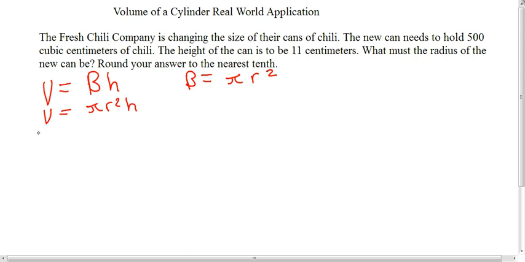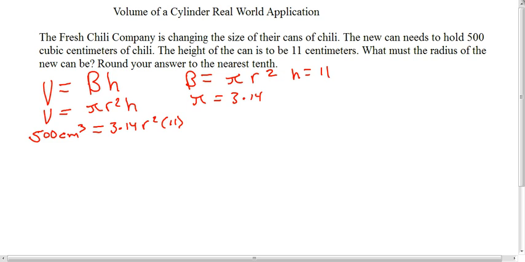So our volume is actually 500 centimeters cubed, and that's going to equal, well, let's fill in while we're here, pi. How much is pi? 3.14. Radius squared we don't know, but we also know that height is 11.